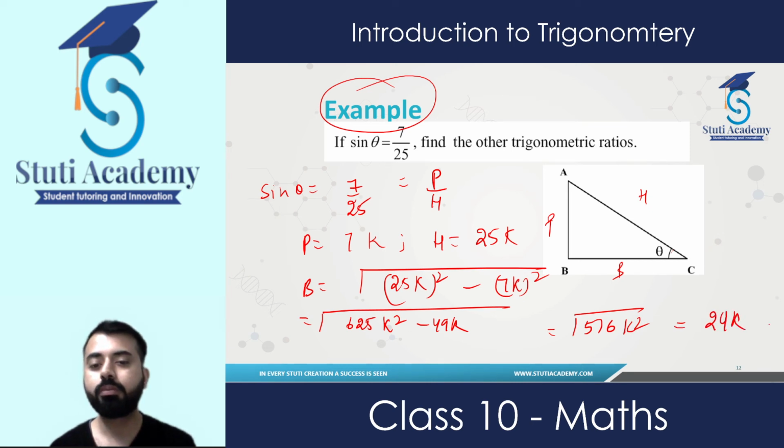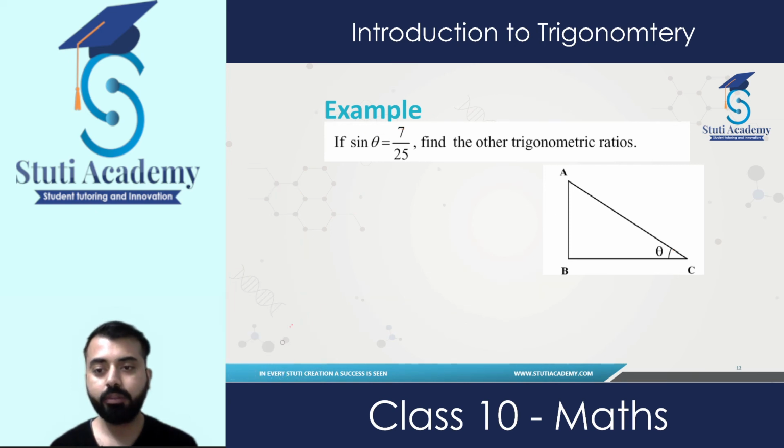So base is 24k. That means sine theta was 7 by 25, this was 7k, this was 24k, and this was 25k.